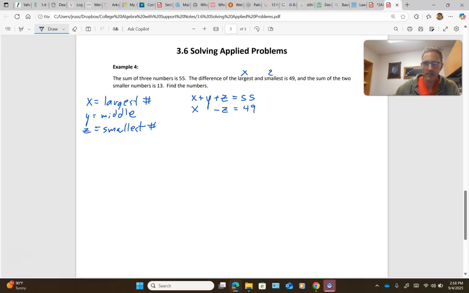That's what that's telling us. And then finally, the sum of the two smaller numbers is 13. Well, the two smaller numbers are going to be Y and Z. So their sum should be equal to 13. So in other words, Y plus Z should equal 13.